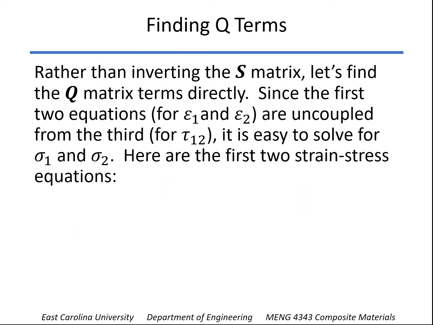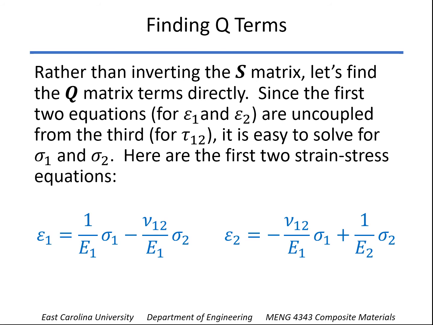Rather than inverting the matrix, we're going to just find these directly. It's not that bad to do because of the zeros that are in there. What it amounts to is that the first two equations are not dependent at all on the third equation, so I really only have to solve those two equations simultaneously.